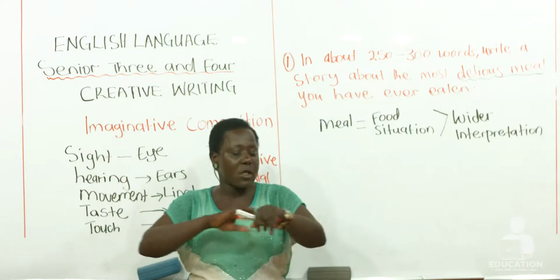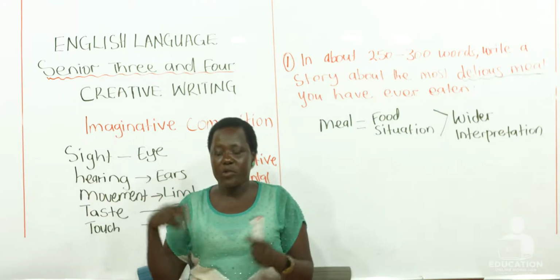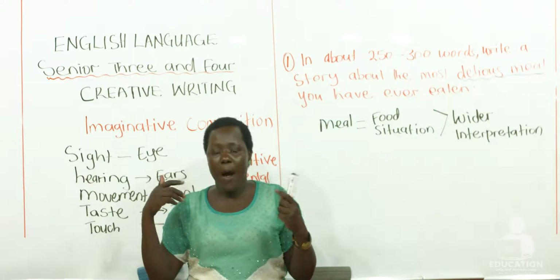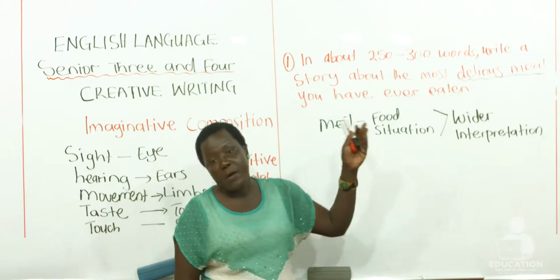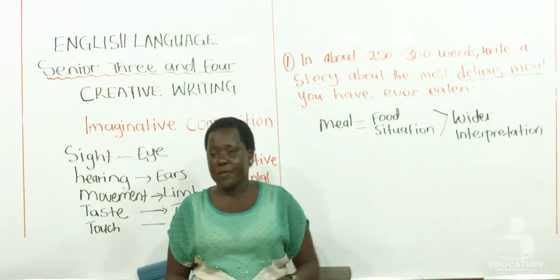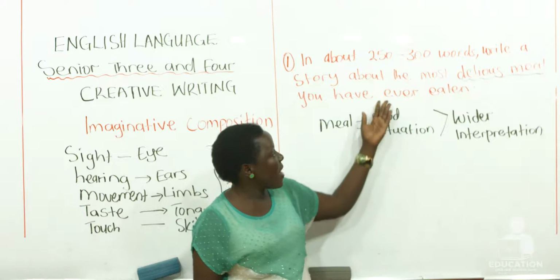Others wrote about war, how they lost their parents, how they dropped out of school, how they joined bad peer groups. So they became the best because of creativity. So you have to create still.